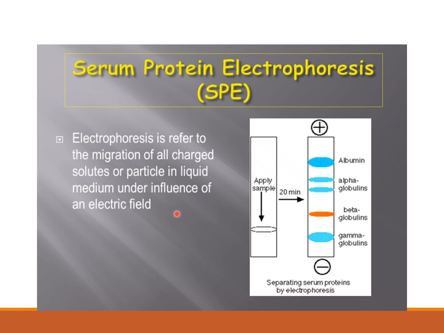Here this is the origin site, and they travel from here to this side. Albumin goes fast because its molecular weight is very low, so it moves faster, like an obese and a slim person running on the ground.